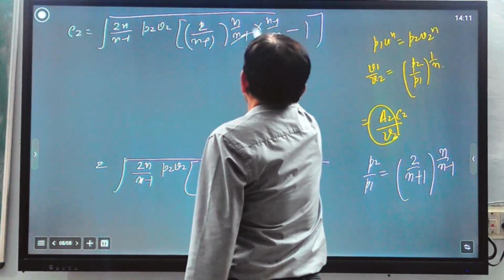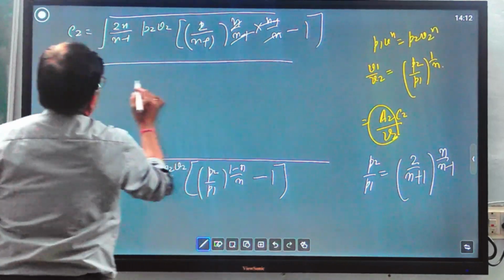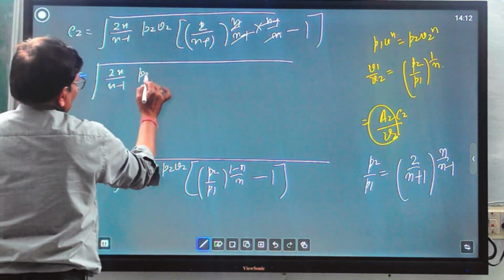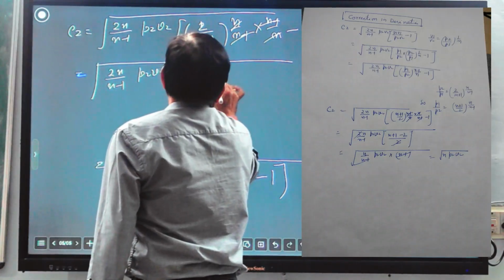Removing all these values, you will get the simplified version, that is equal to 2n upon n minus 1 P2 V2 in bracket, 1 minus 2 upon n plus 1.